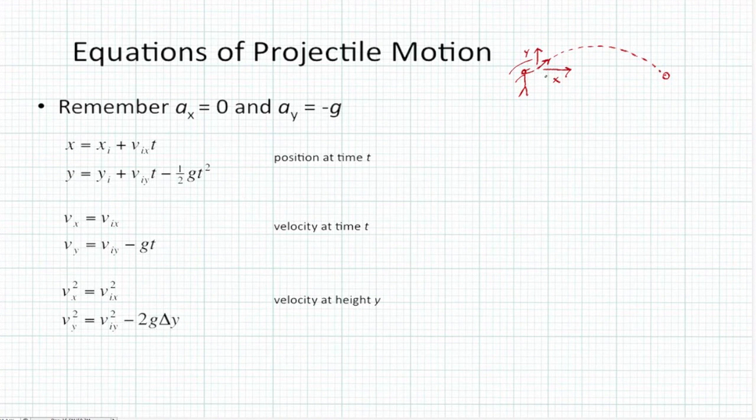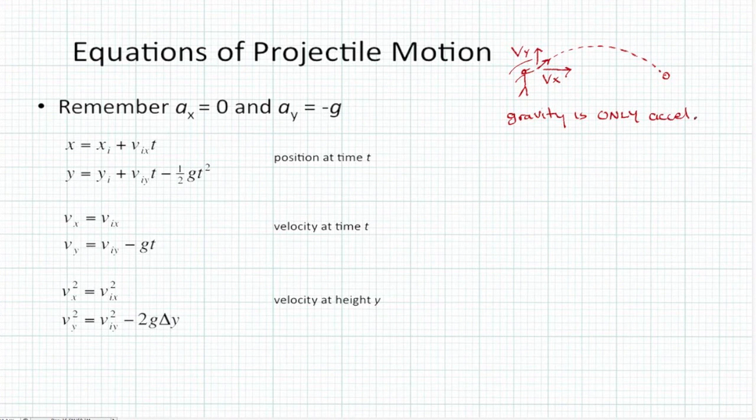It has some velocity in the x direction, and it has some velocity in the y direction as you throw it up. But what's different is when we come to acceleration. Since a projectile is under the influence of gravity only, gravity is the only acceleration.